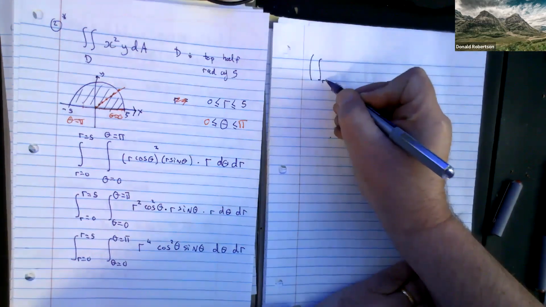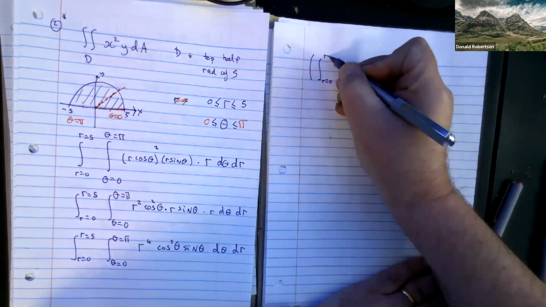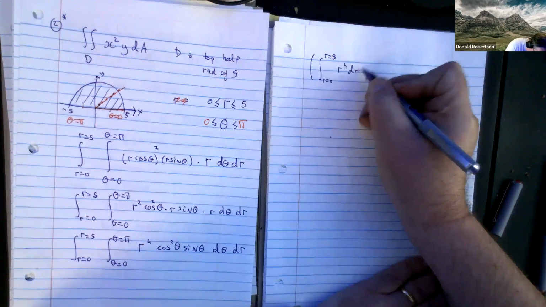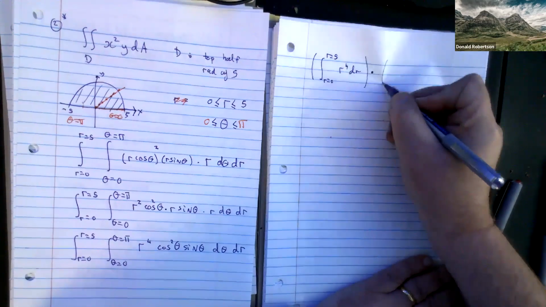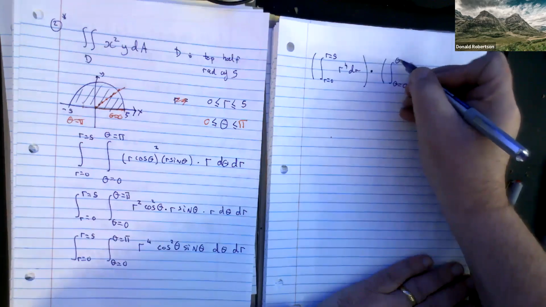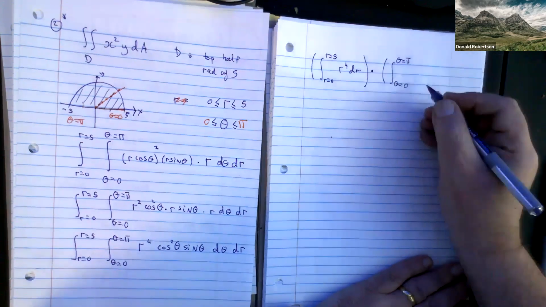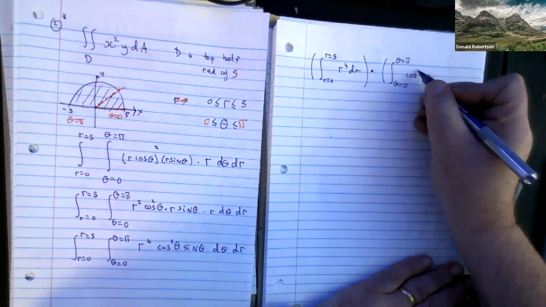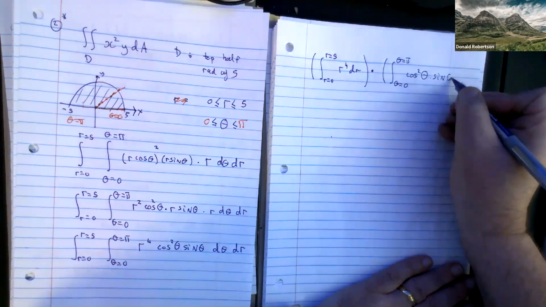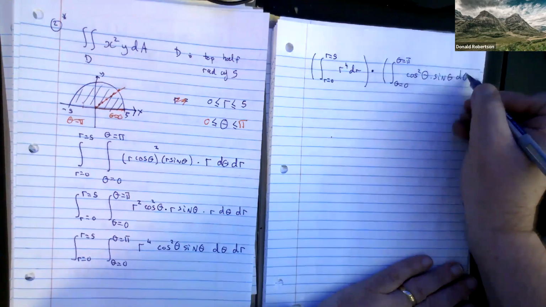So we have r equals 0 to r equals 5, r to the 4, dr, times theta equals 0 to theta equals pi, cos squared theta times sin theta, d theta.